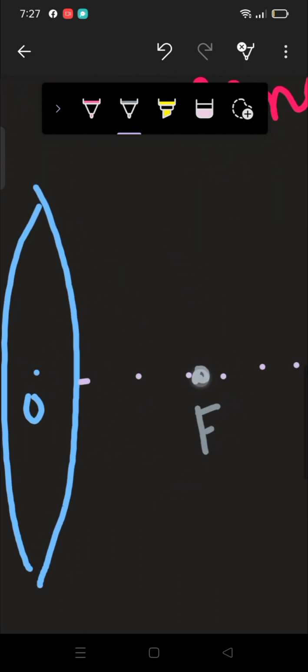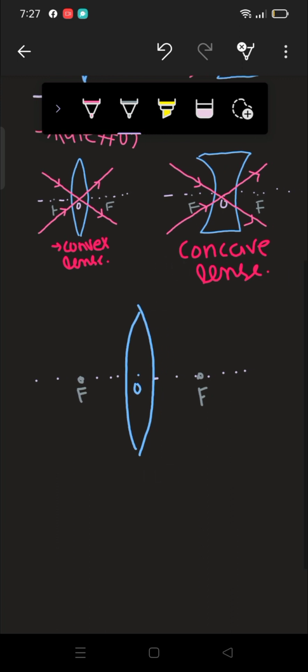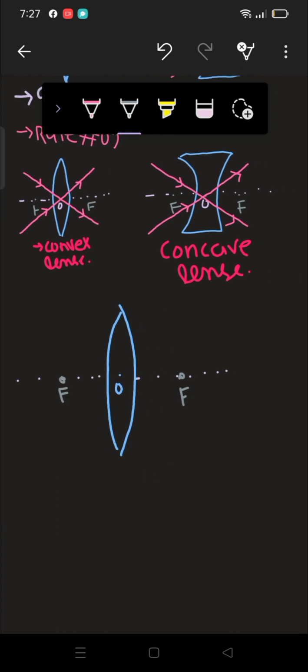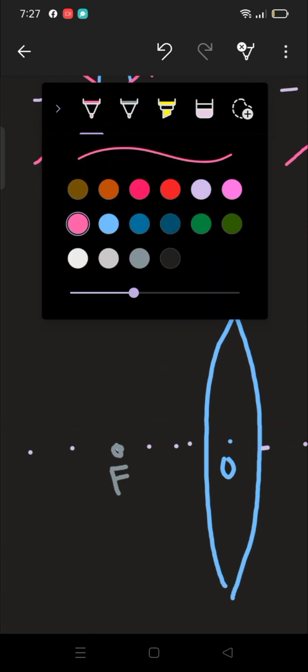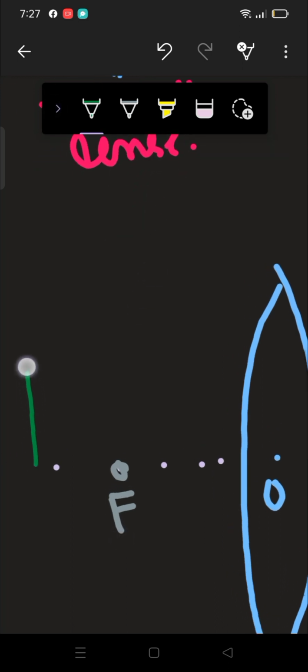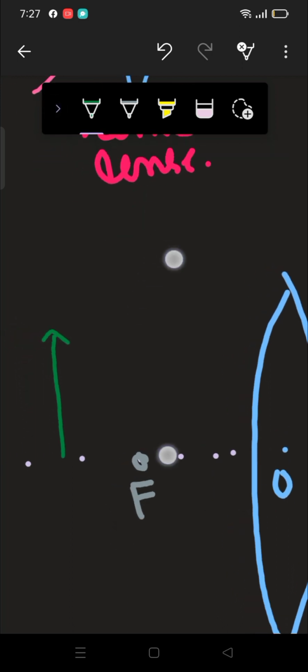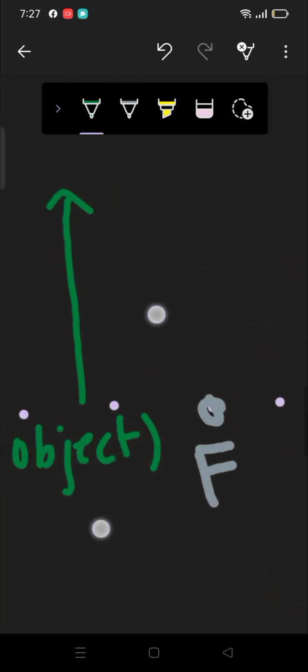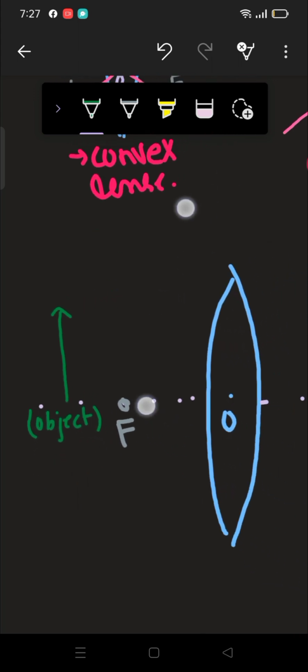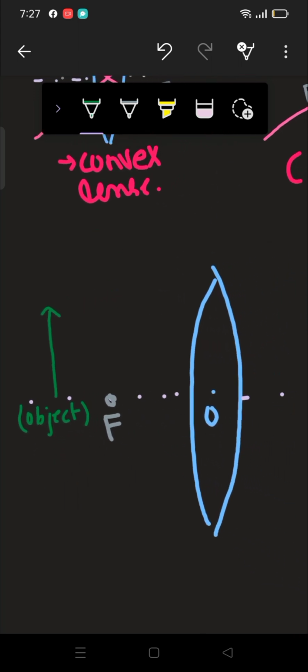Now, for suppose the object is placed here somewhere. This is the object.